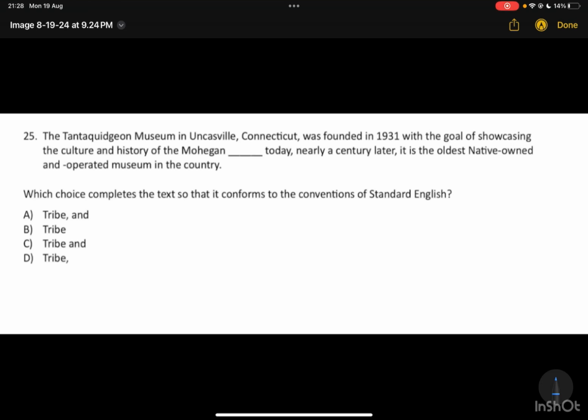The Tuckett Legion Museum in Uncasville, Connecticut was founded in 1931 with the goal of showcasing the culture and history of Mohegan blank today. Nearly a century later, it is the oldest native-owned and operated museum in the country. This phrase here is an independent clause, and the part from "today" to "operated museum in the country" is also an independent clause.